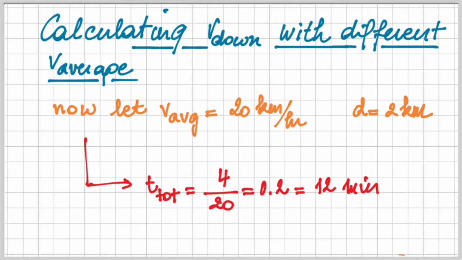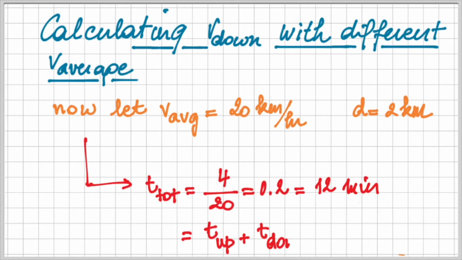And we find 0.2 hours or 12 minutes. You already see when you look back at the previous problem, we would have here only 6 minutes. Now, by the fact that we want to have an average speed equal to 20 kilometers per hour, we see that we have 12 minutes, so we have 6 minutes more.